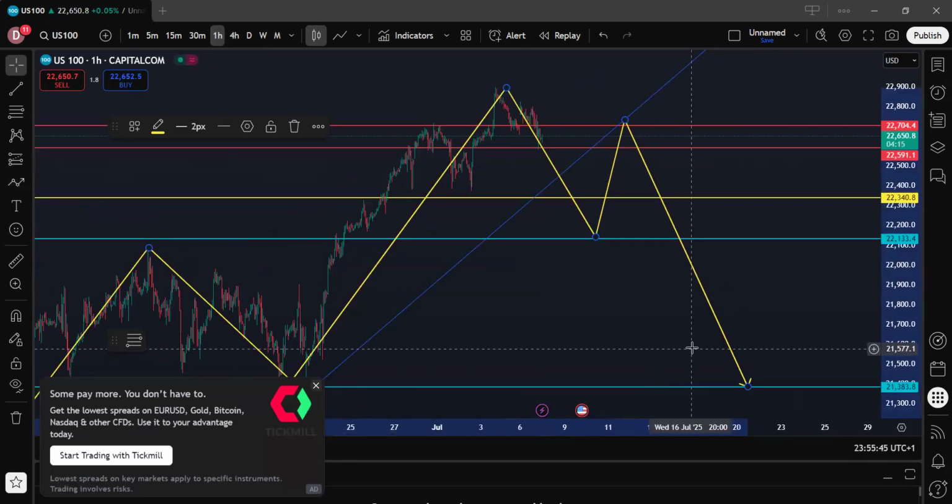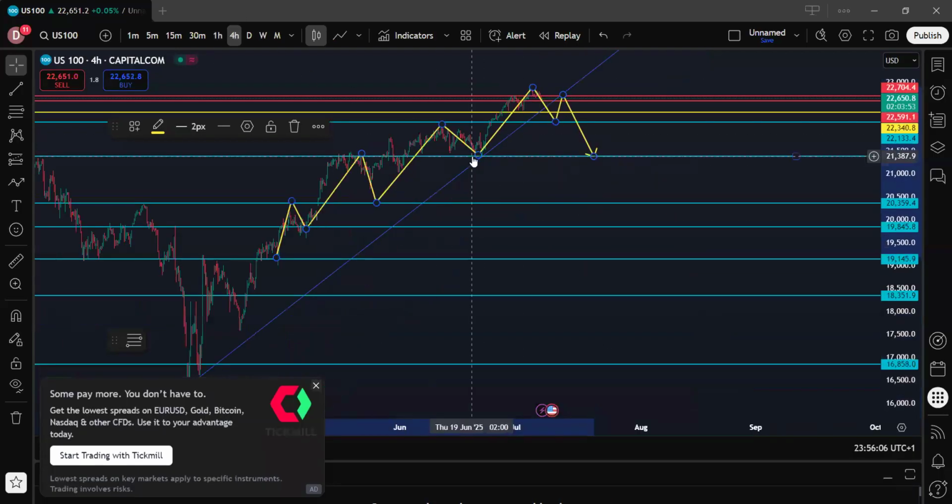That's what I'm kind of anticipating for NASDAQ, if we do respect this trend line, but there will be significant confirmations to give a proper signal that we are actually reversing straight down to 21,000.